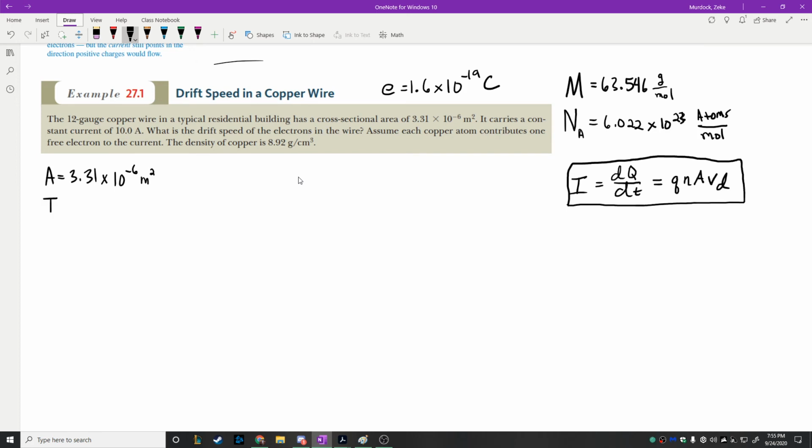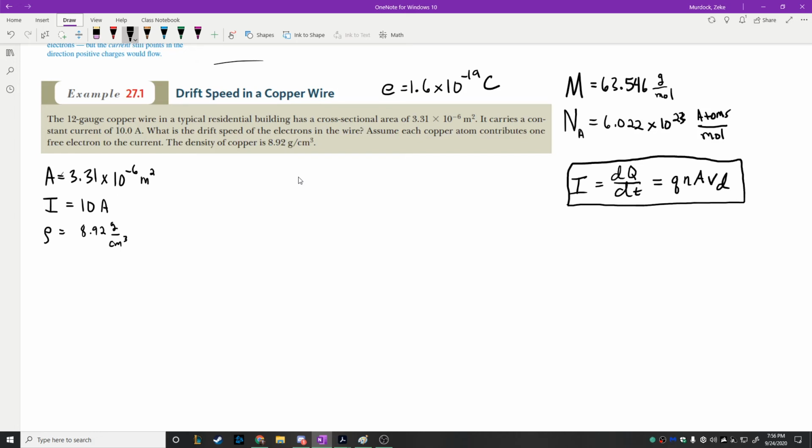The current is I. That's one of the things that shows up in our equation. We're given the density of copper. Okay, that's our given information.